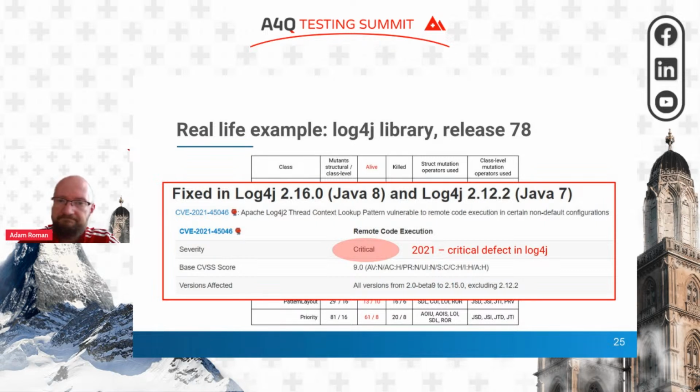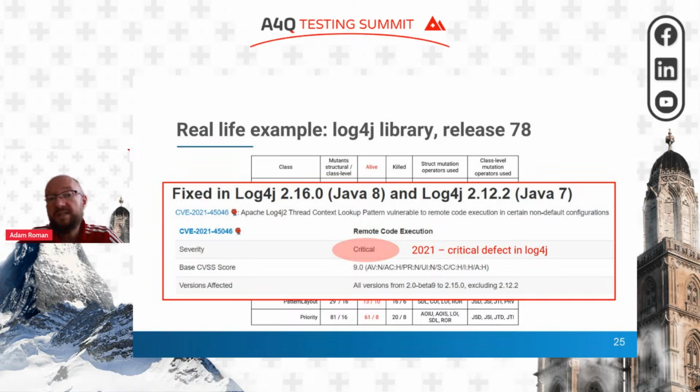A very big critical security defect was found in log4j library, and all software that uses log4j, the teams had to do some hot fixes to fix this problem quickly. So this happens in real life also.